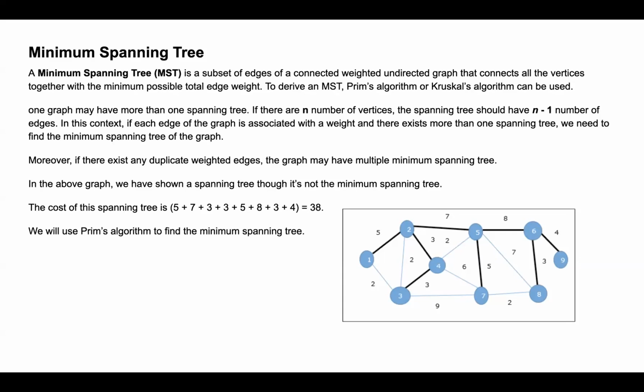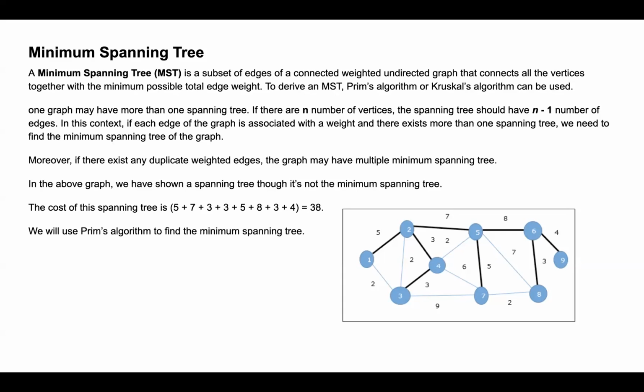Getting it? We know that any graph in which all the vertices are connected has at least one, or more than one, spanning tree.